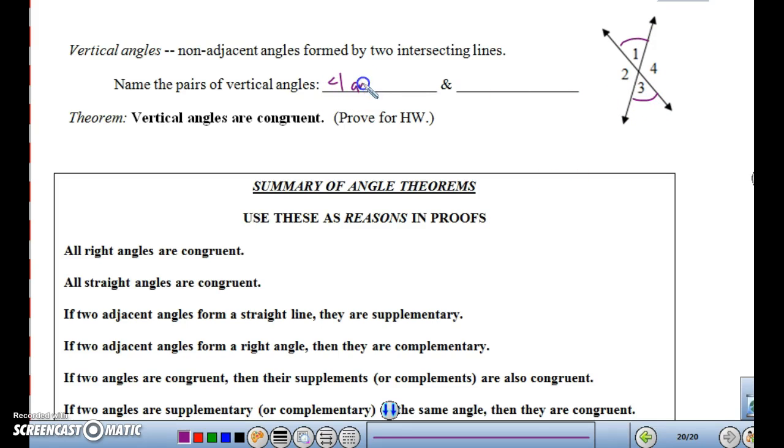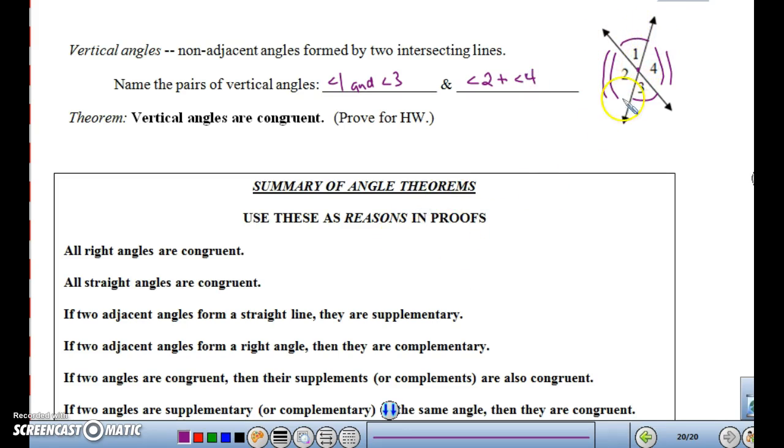So angle 1 and angle 3 are one pair of vertical angles. And angle 2 and angle 4 are also vertical angles, these two right here. All they share in common is the vertex. They don't have any sides in common. So vertical angles are non-adjacent angles formed by intersecting lines.